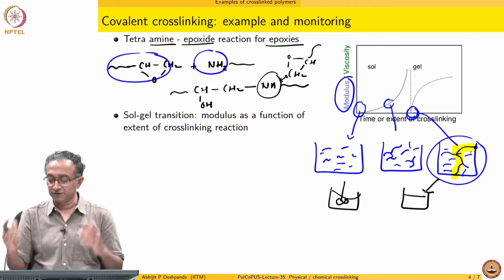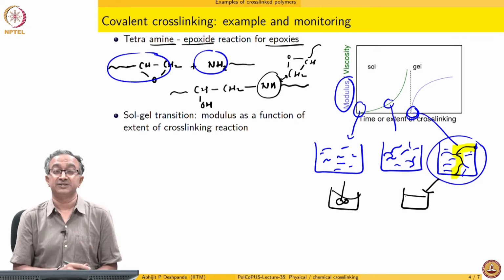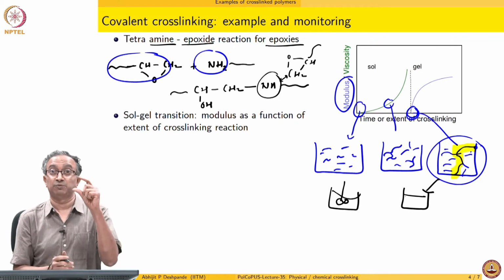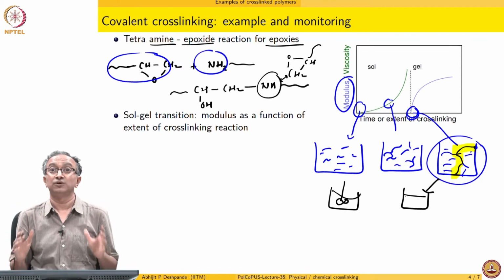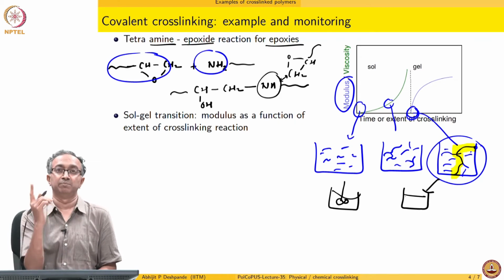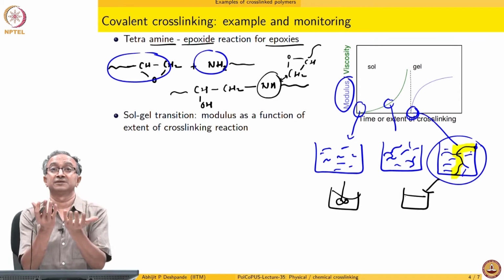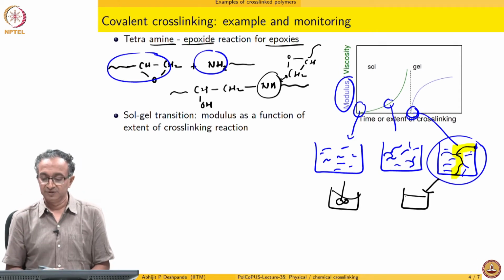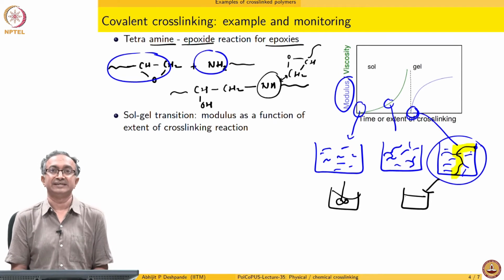And even though it's a soft solid, because there are many small molecules still present, some of the pre-polymer is still there, some of the hardener is still there, the gel fraction is spanning the whole sample. And so it will rotate like a big solid blob inside the beaker, and there will be slip between the overall blob and the surface of the beaker. So this is one way to also monitor cross-linking reactions.